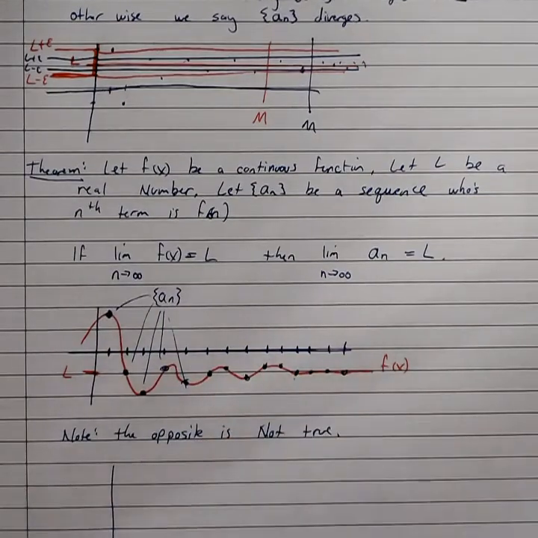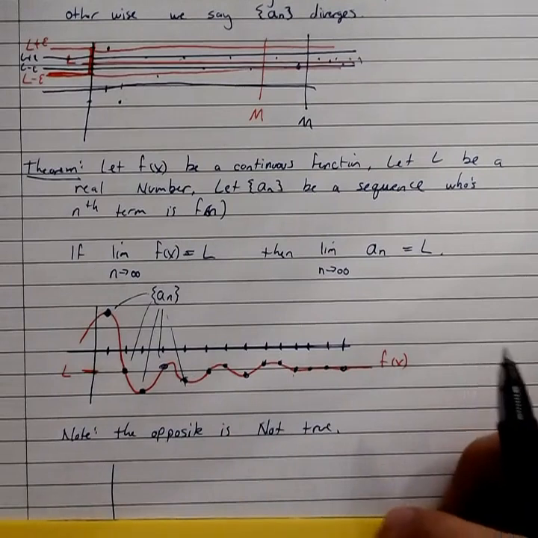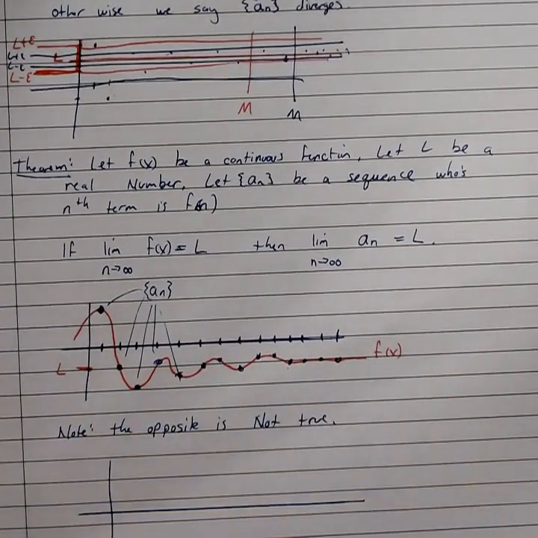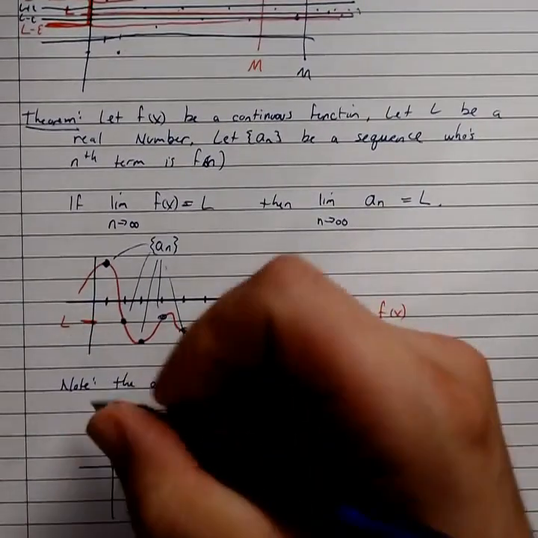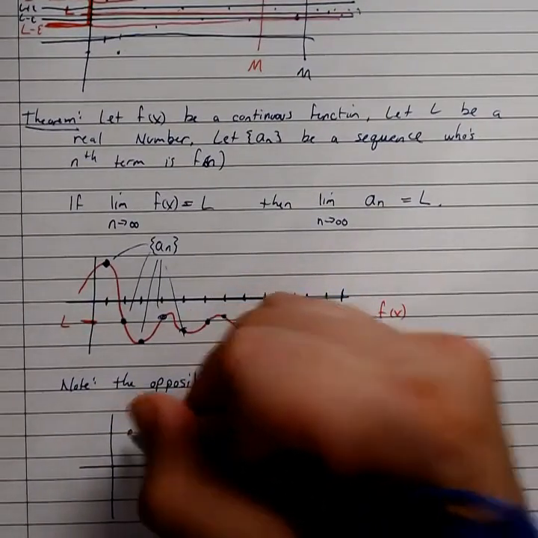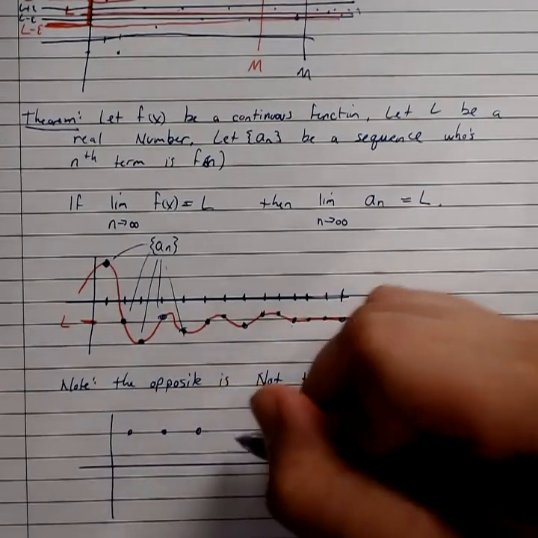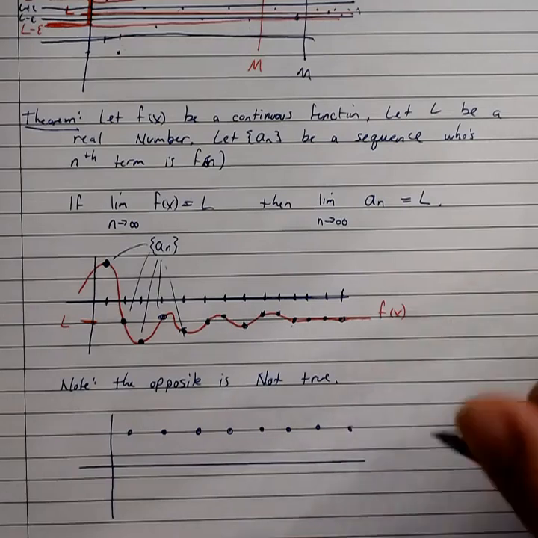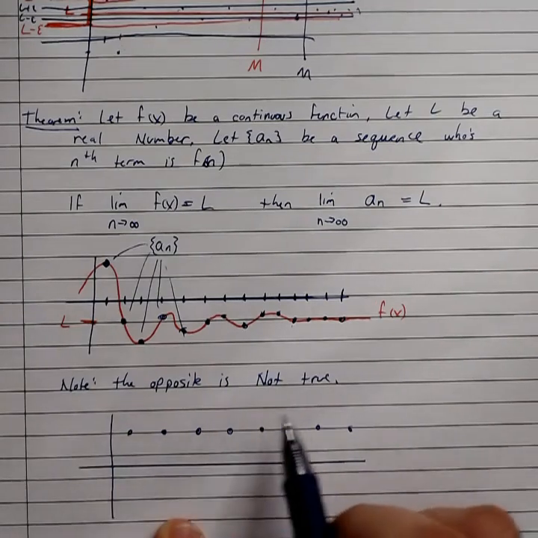Here, you can have a situation where your individual points are converging. In fact, here, let's have a sequence where all the terms, not only are they converging, they're constant. Here, every term is equal to, let's say, 1.